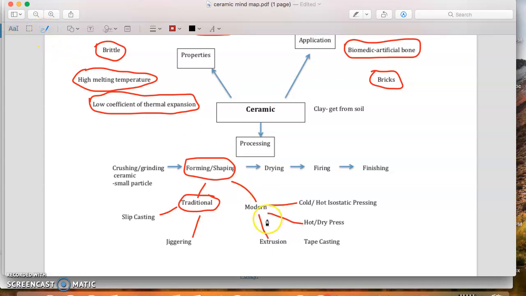Tape casting is a process to produce ceramic in the form of plates. Okay.